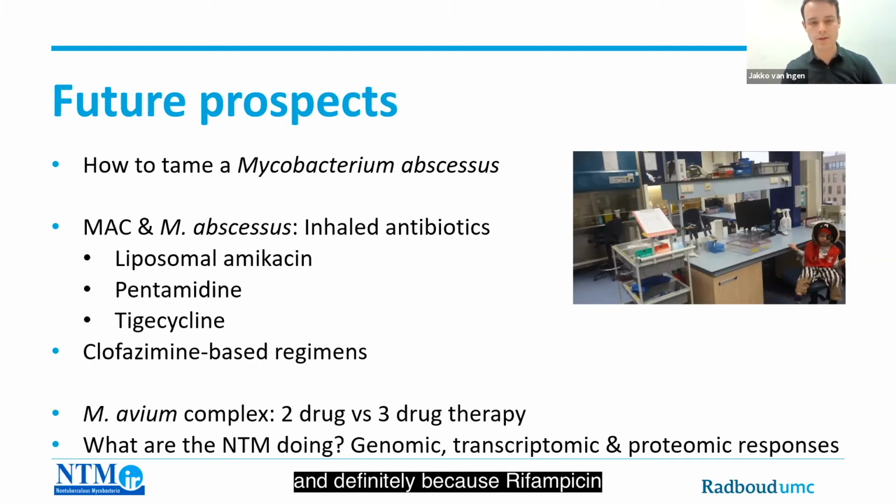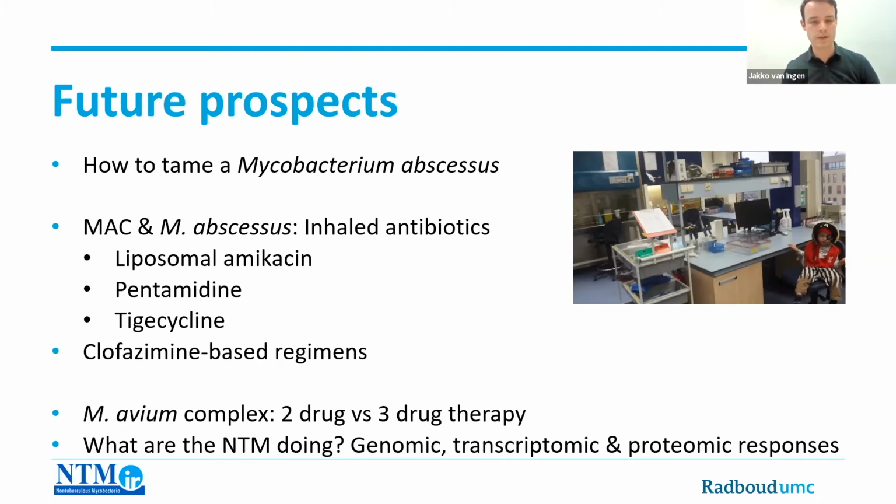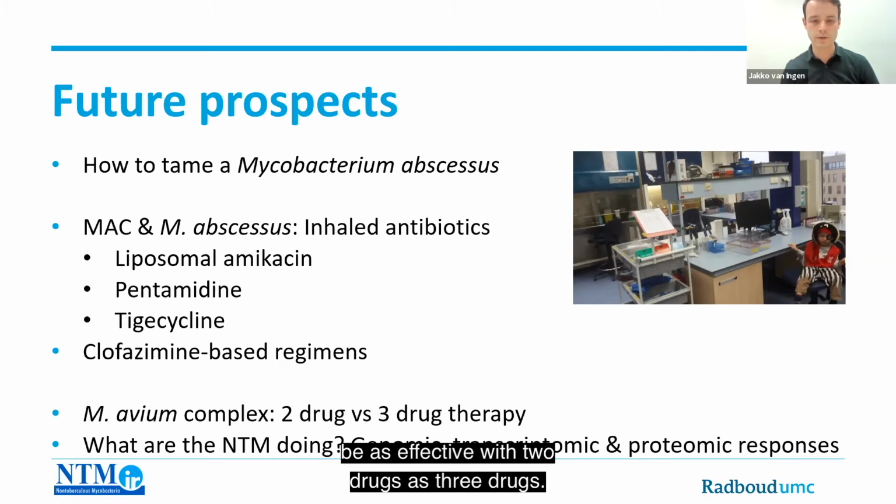And definitely because rifampicin causes some toxicity within our human bodies, we want to test if we can get rid of that drug and be just as effective with 2 drugs as with 3 drugs.